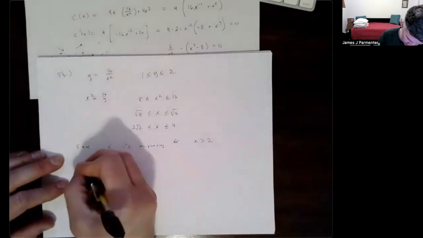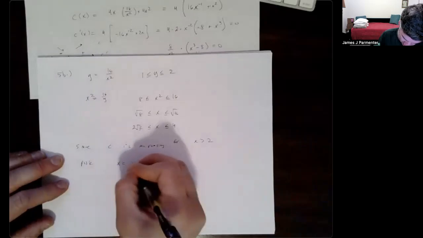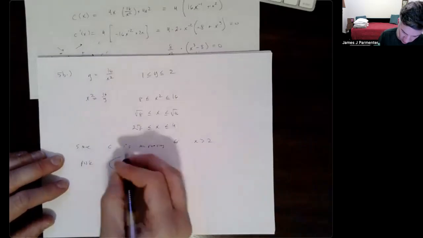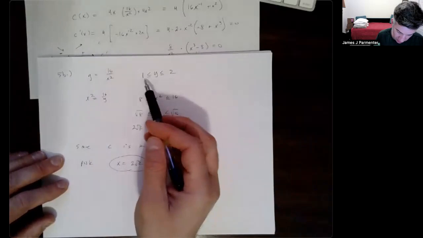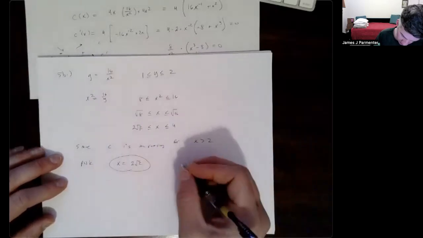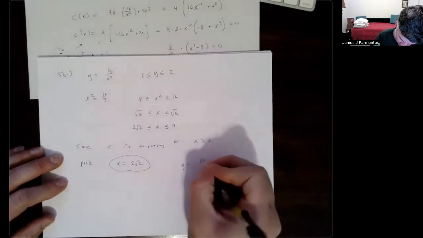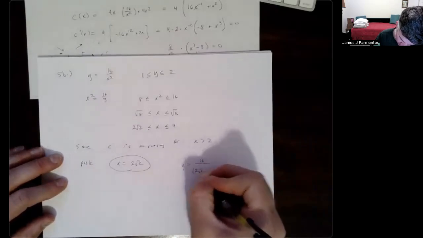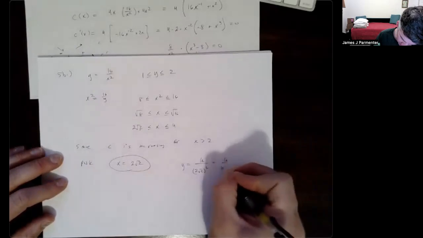So we're going to pick x equal to 2 root 2, which means y is going to be 16 divided by 2 root 2 squared, which is 16 over 4 times 2, which is 2.